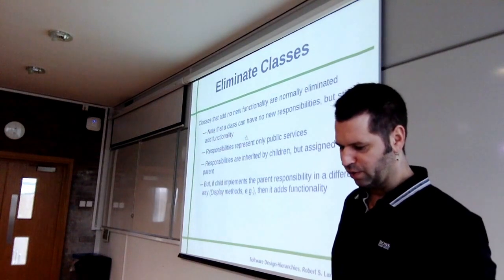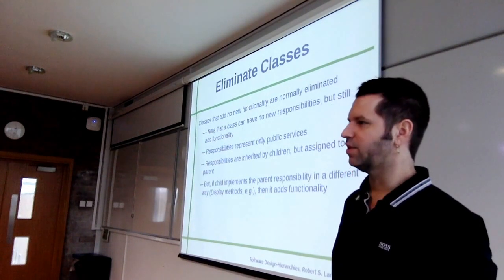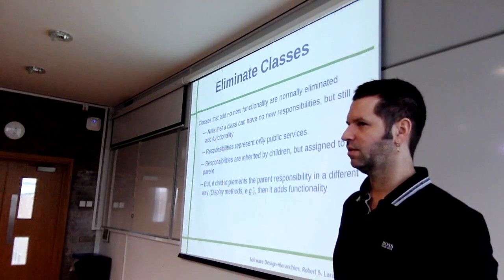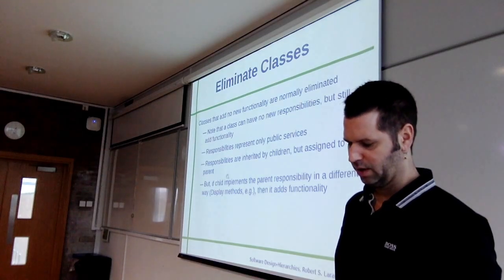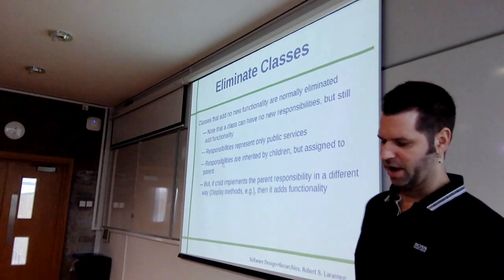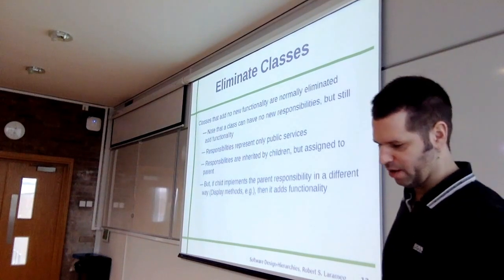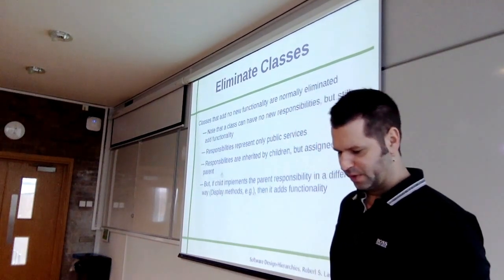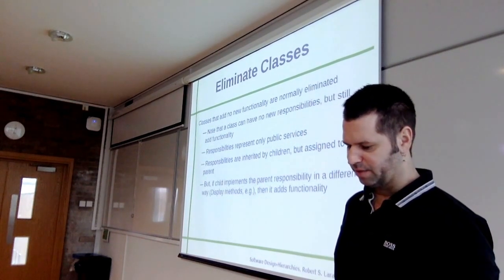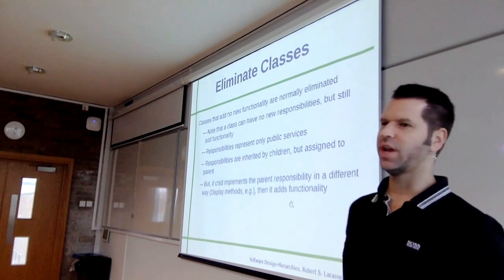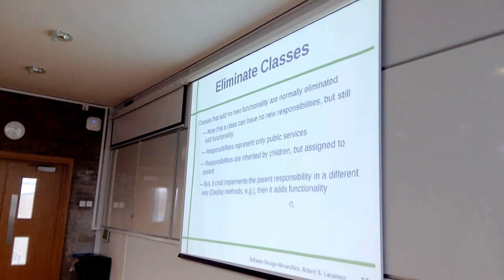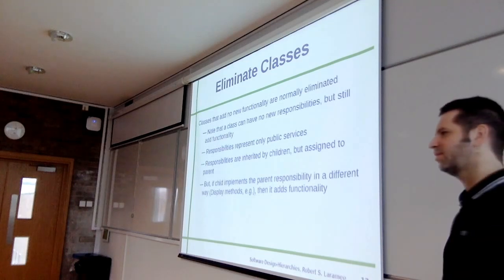Responsibilities in general represent the public services, so public methods, generally speaking. And responsibilities are inherited by children but assigned to the parent. If the child implements the parent responsibility in a different way, then it adds functionality. That's the polymorphism that we talked about.